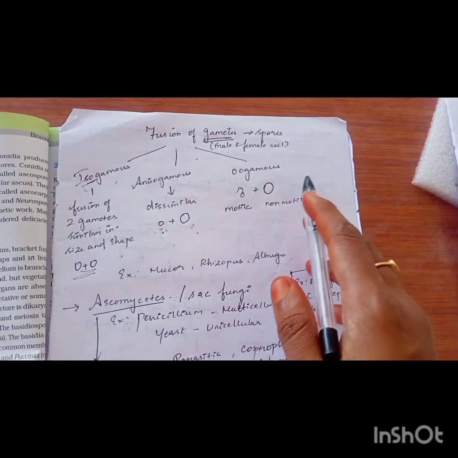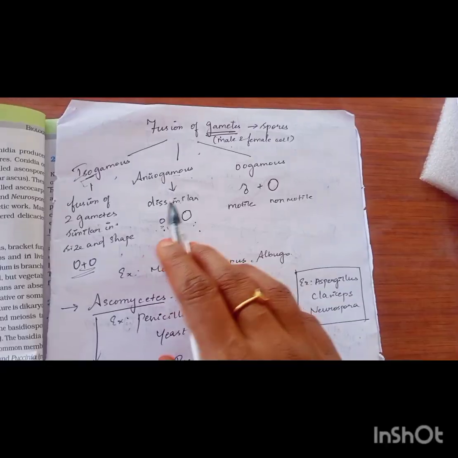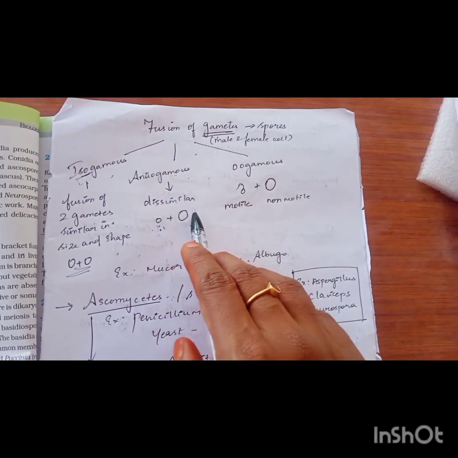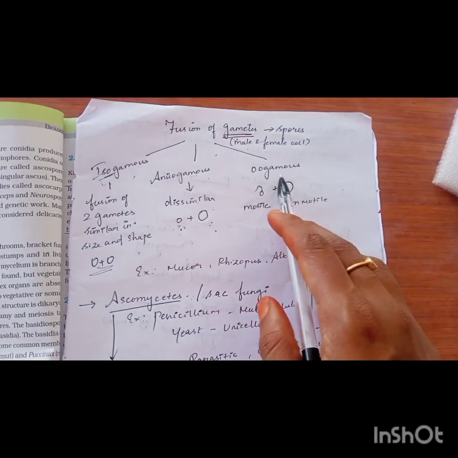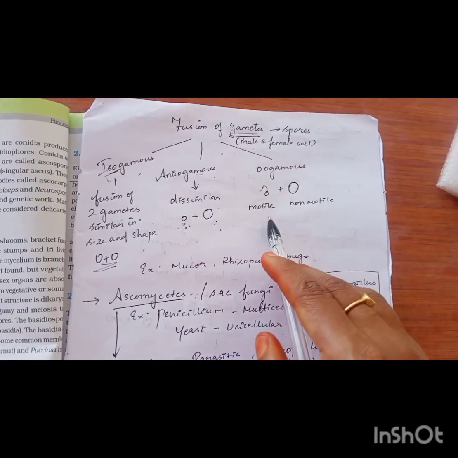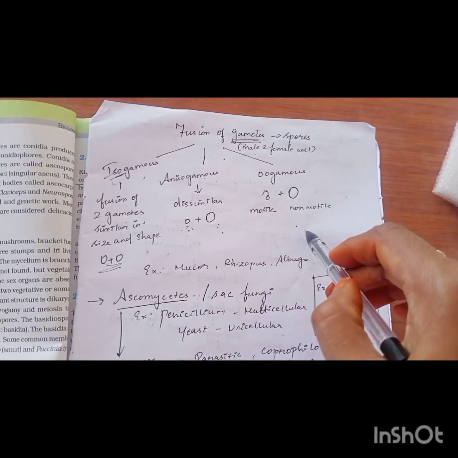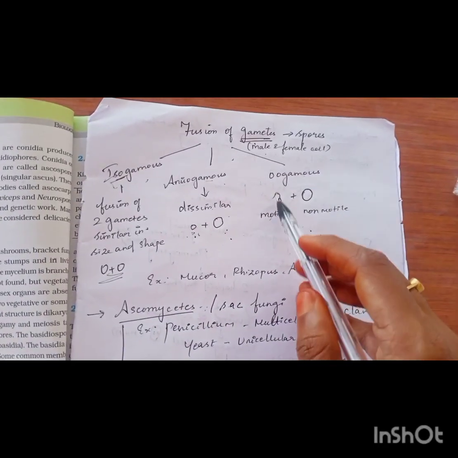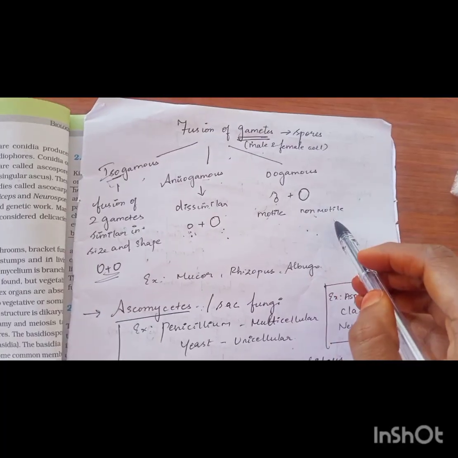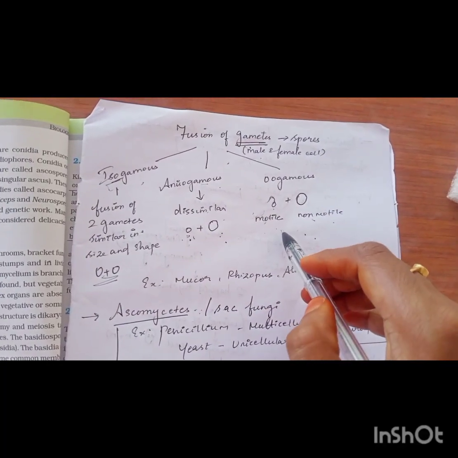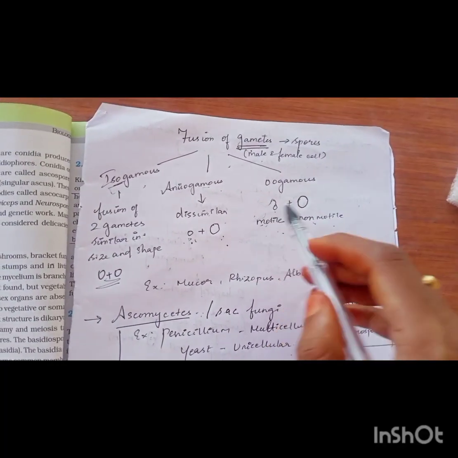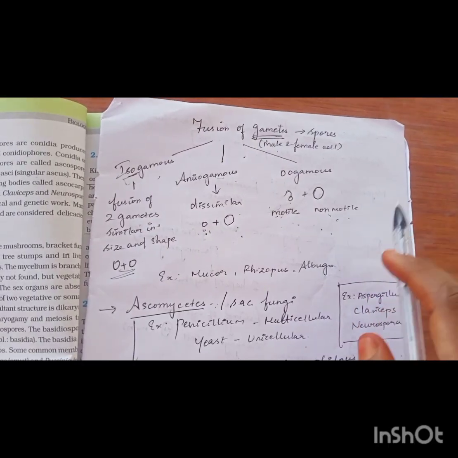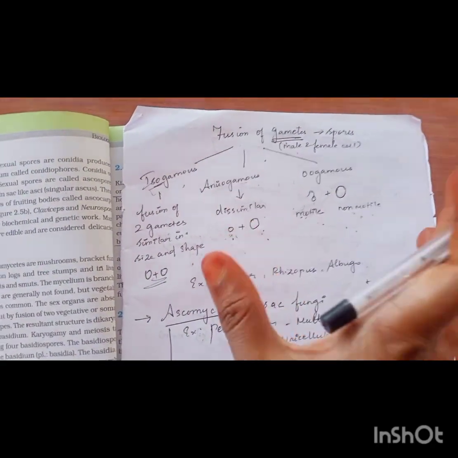In oogamous also, the fusion of dissimilar gametes takes place, but here one will be motile and the other non-motile. One will be able to move because of the presence of flagellum, and the other will not show any kind of movement. So these are the 3 kinds of fusion.